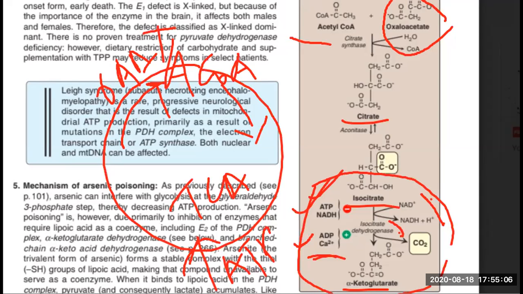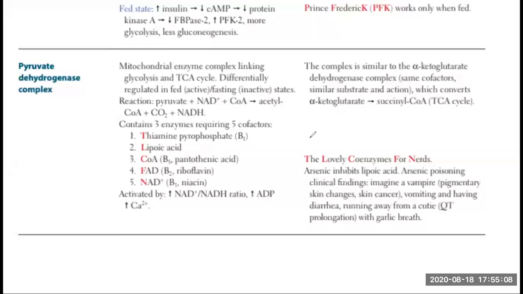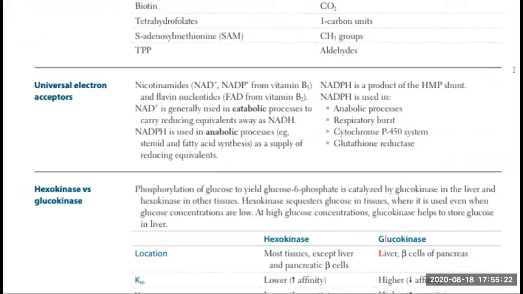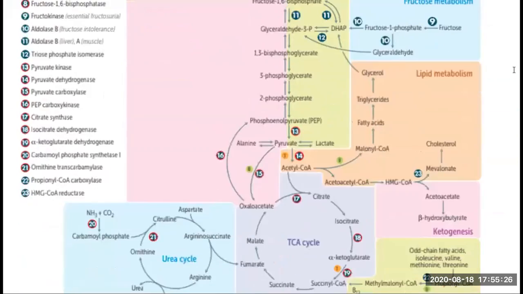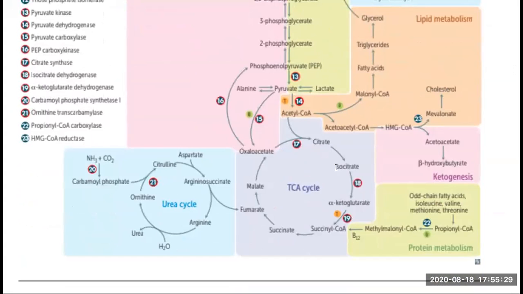So if I take you back to your textbook of First Aid, you see this step, isocitrate is converting to alpha ketoglutarate. This step is a rate limiting step, and this number 18 is isocitrate dehydrogenase.